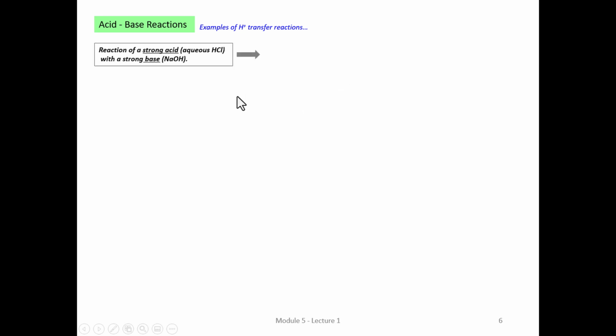So let's look at the reaction of a strong acid, aqueous HCl, with a strong base, NaOH. If both of these are in water, what we get is 100% reaction, no equilibrium sign, to form sodium chloride, a salt, plus water.